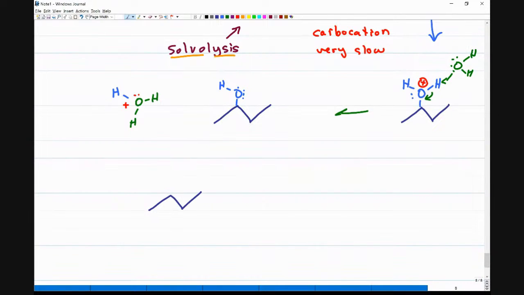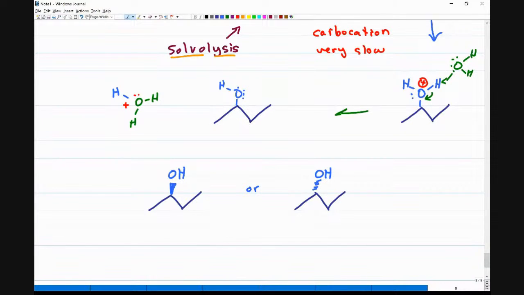Would I have drawn it correctly if I put the OH on a wedge, given that my starting molecule was on a wedge? Or would I have drawn it correctly if I did an inversion, just like with SN2 reactions, and put the OH on dashes? The answer is, well, both.